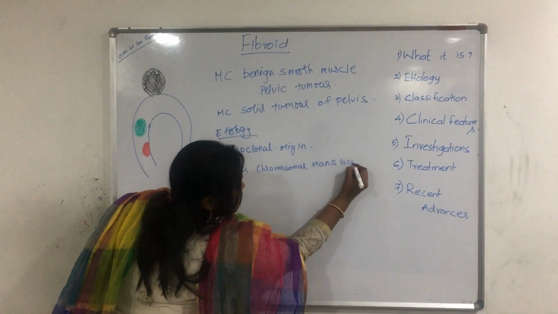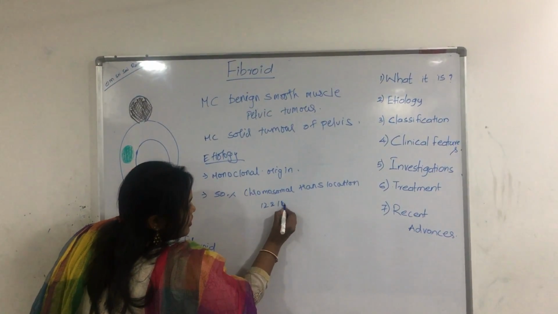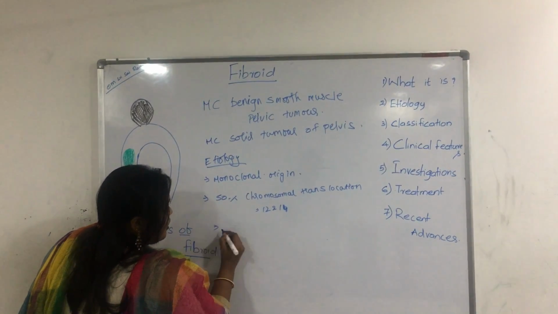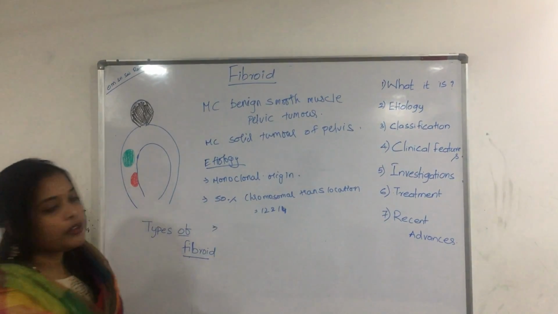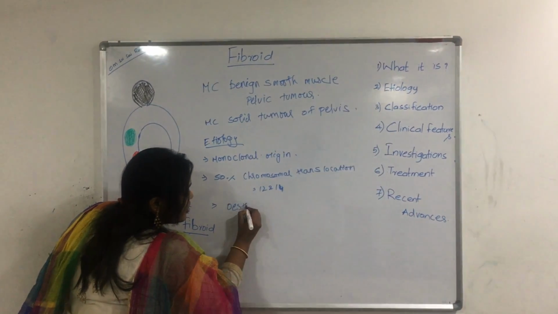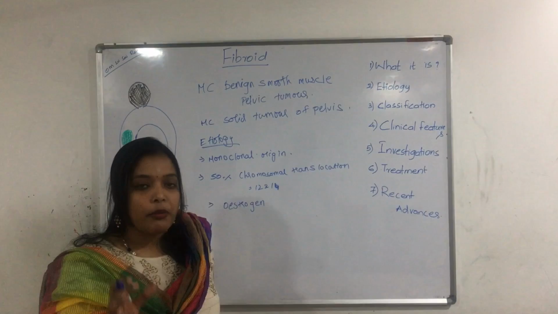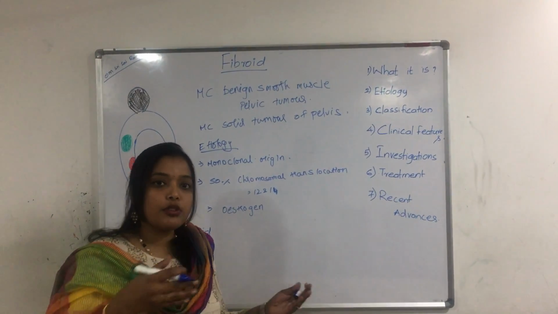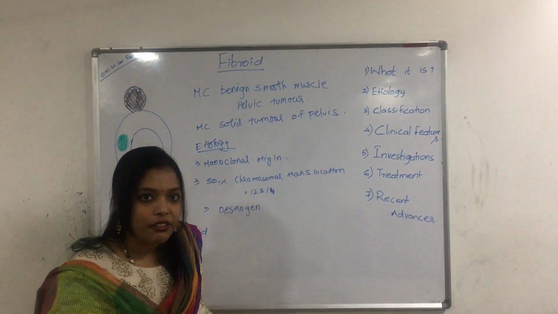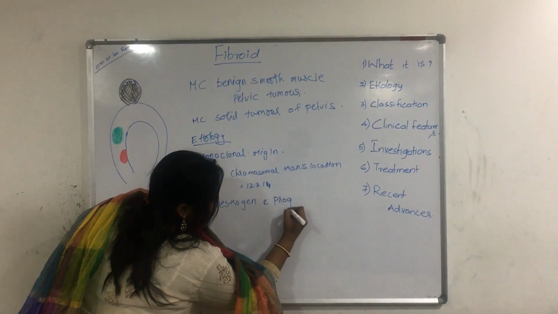The main translocation is between the long arm of 12 and 14. One more important thing about the fibroid is estrogen and progesterone. Initially they thought the fibroid was dependent only on estrogen, but now we have found that progesterone also helps in the growth of the fibroid. So the etiology is estrogen and progesterone dependent.